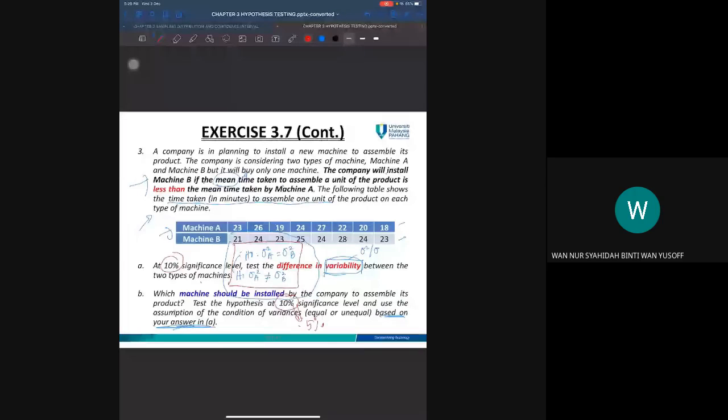That's why I said after we discuss 3.7, the condition of equality of population variance, sometimes you have to test it. In this question, it is a guided question, meaning that we ask you to test the equality of variance first and then go to the independent sample. If you go through the tutorial question, it will not be a guided one.